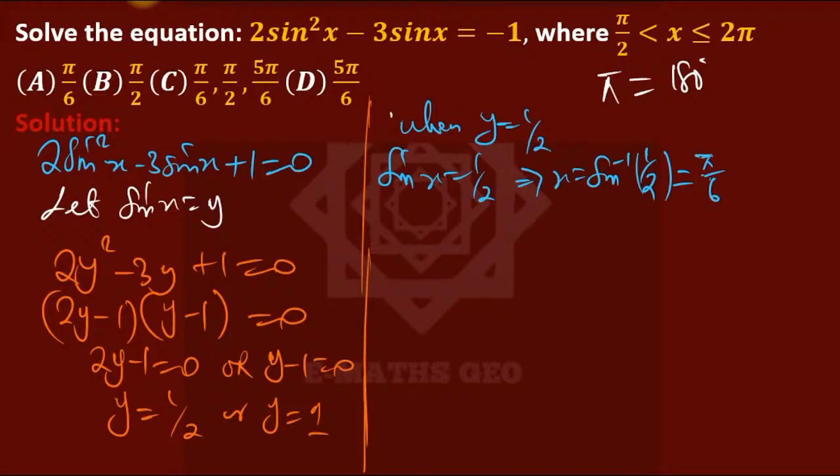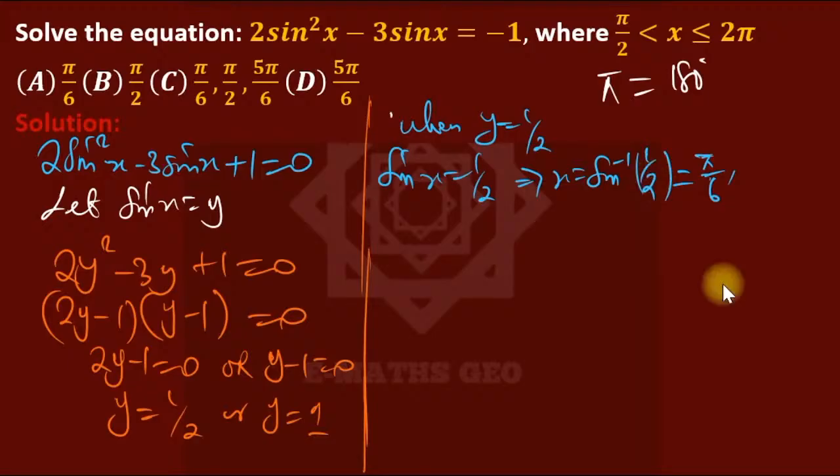Remember, pi is 180 degrees, and the options are in radians. Also we have 150, to have 2 answers, since half is positive.